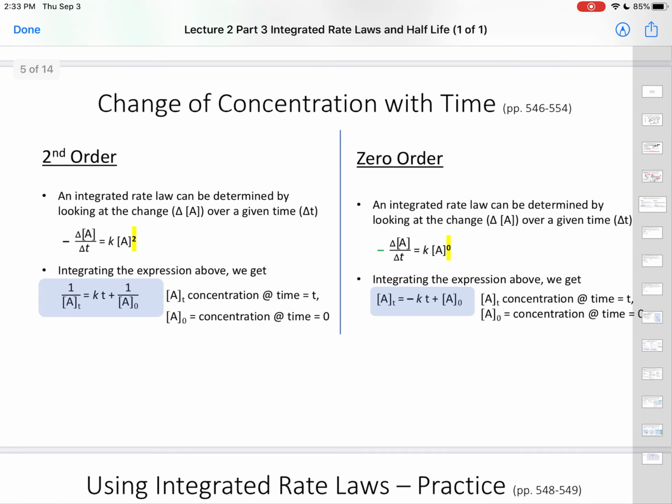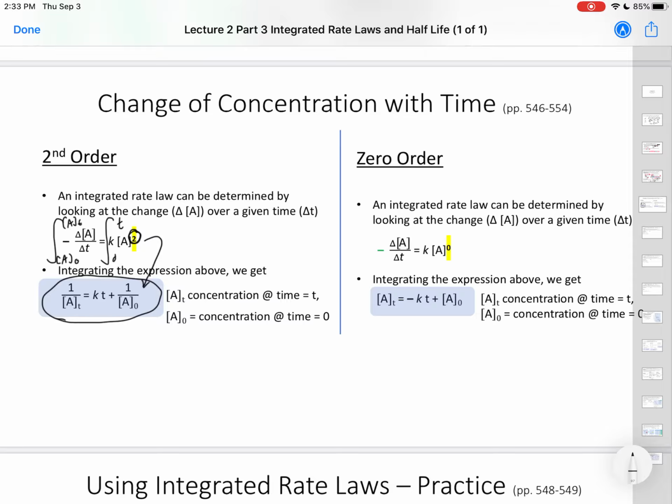For second order, we have this equation here, okay? And the reason it's different is because now we're integrating, and there's a squared here. So we're integrating again, same thing, from A of t to A of 0, and then from 0 to t. But because this is squared, once you integrate it, it becomes very different.